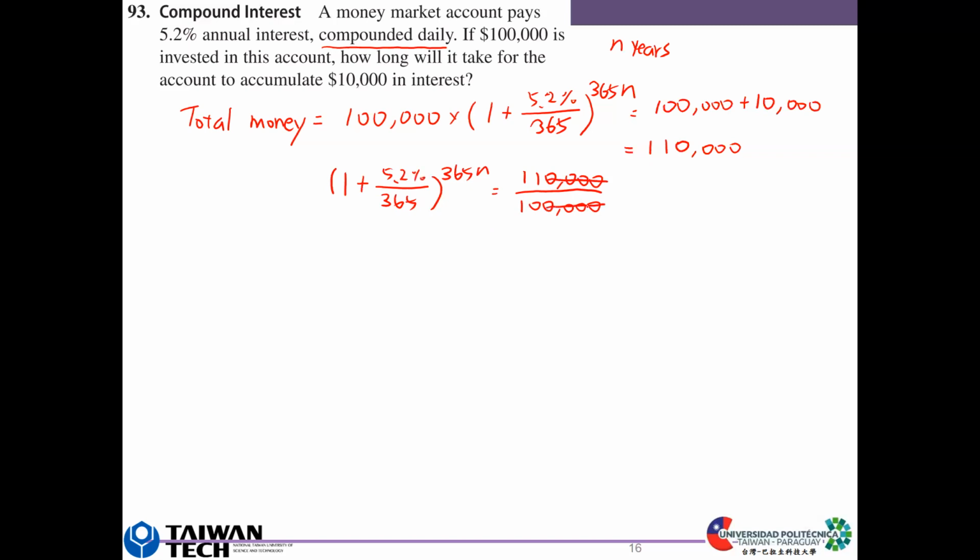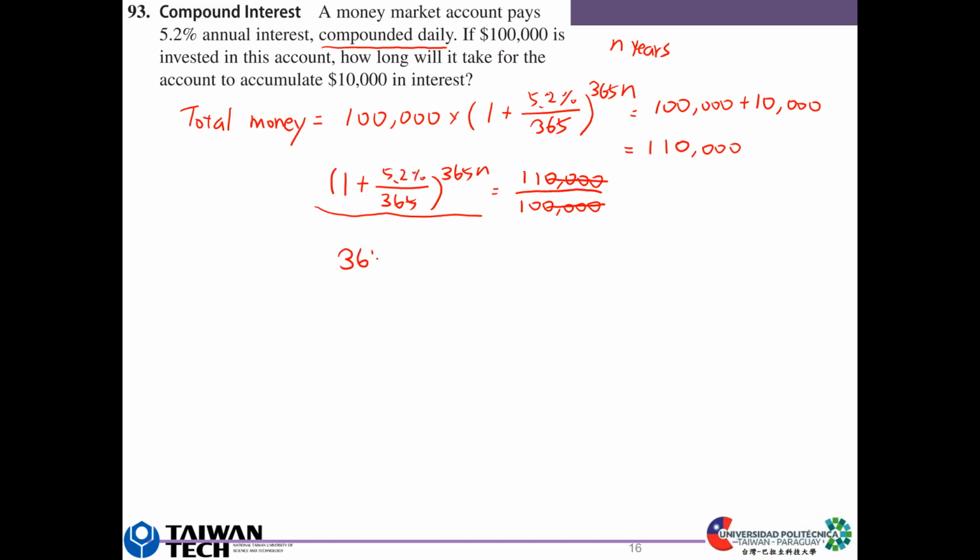And then we take the log function to both sides, to the left side and to the right side. And once we put log on this, for the exponent, we can take the exponent outside the log.